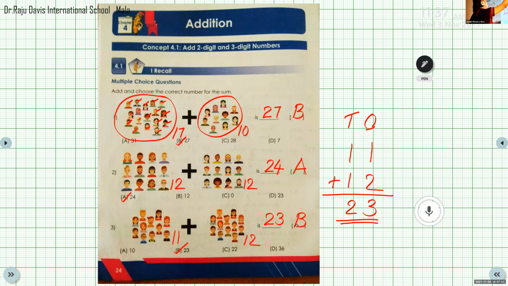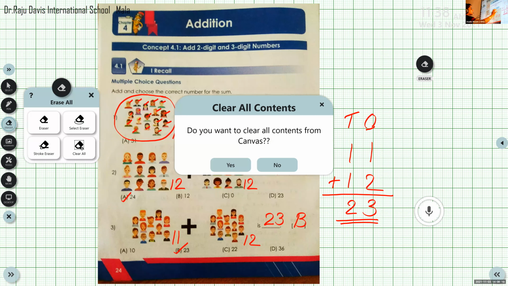We have finished the first 3 questions. Okay, then I will show you the next.